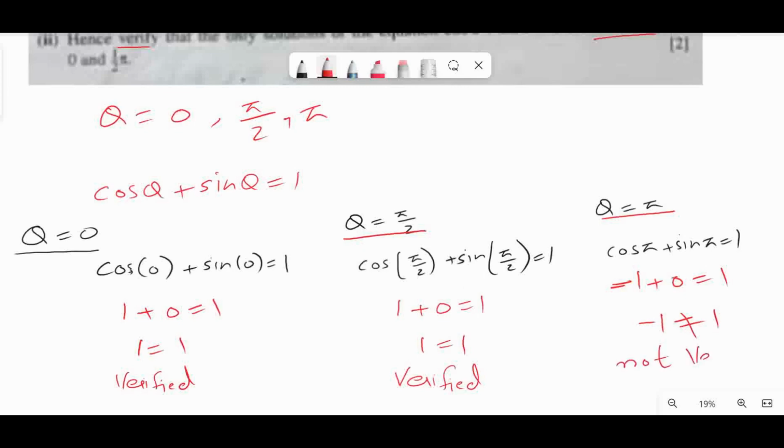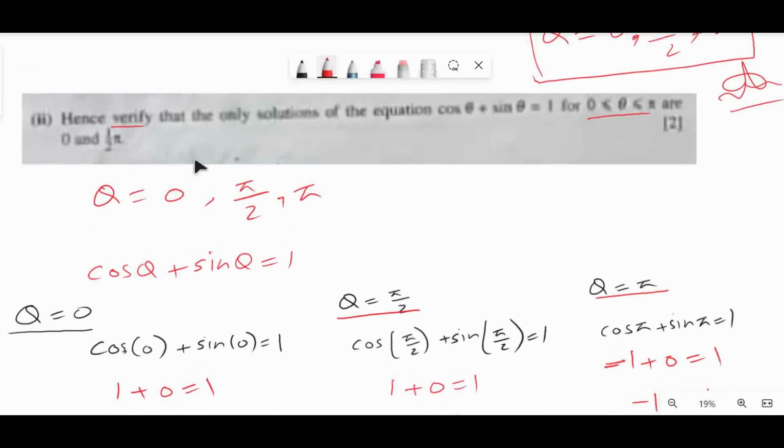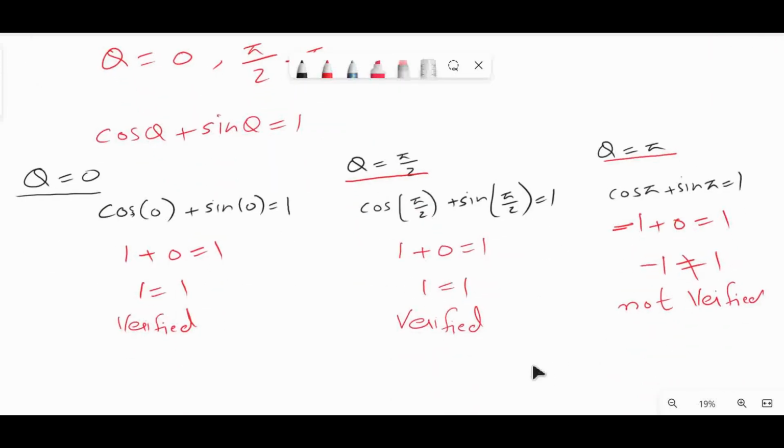It is not verified. So from the given working, let's see the question again. They said, hence verify that the only solutions of the equation are 0 and pi by 2. We can see from our working that 0 and pi by 2 are verified, so these are the final solutions.